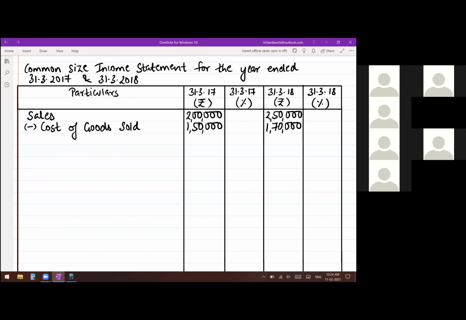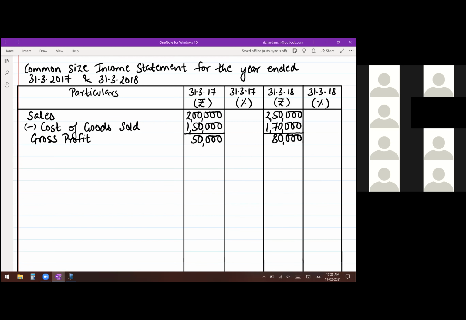When you deduct, the first answer that you get is gross profit. How much is gross profit for the 2 years? Tell me. For 2017, is it 50,000? What about 2018? 80,000.